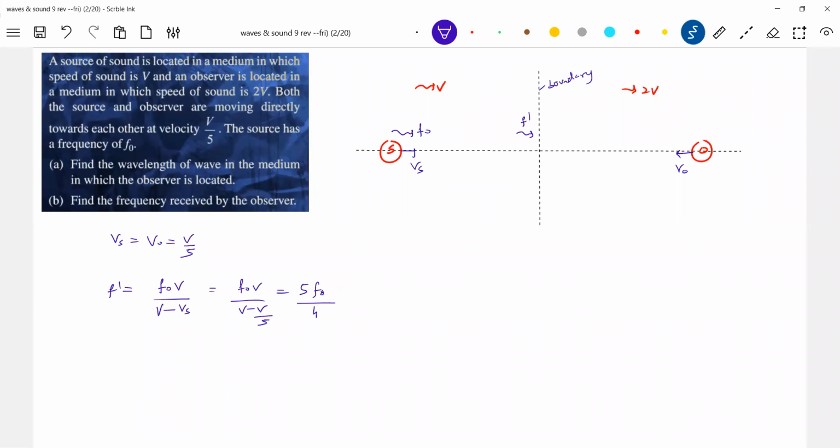This is the thing. Now this boundary will act like a source for the observer. When a wave moves from one medium to another medium, better if you want, you write medium 1 and medium 2.